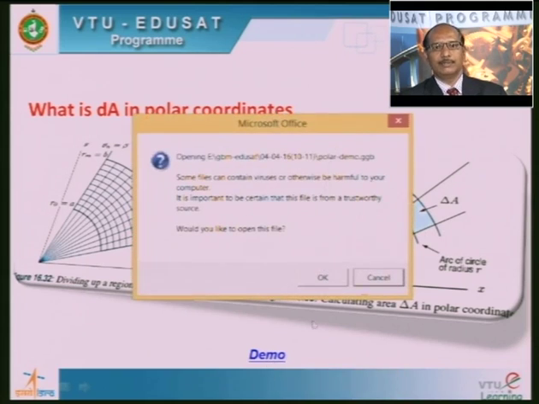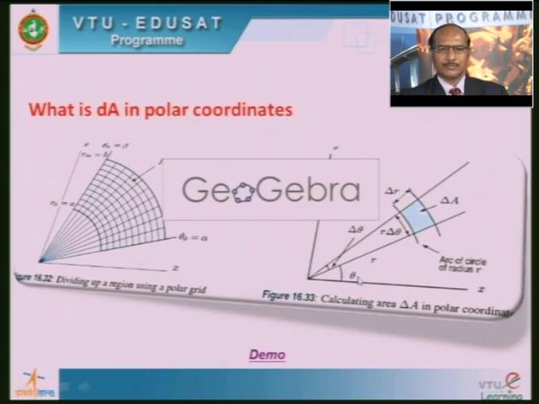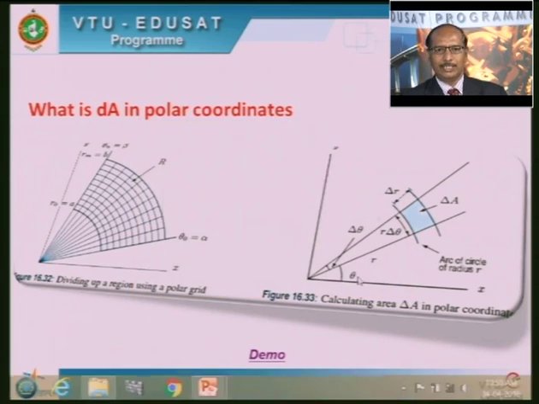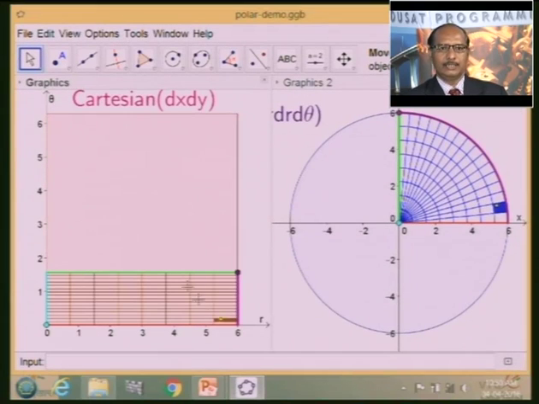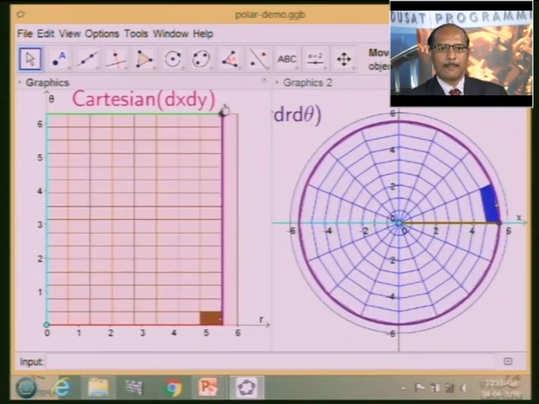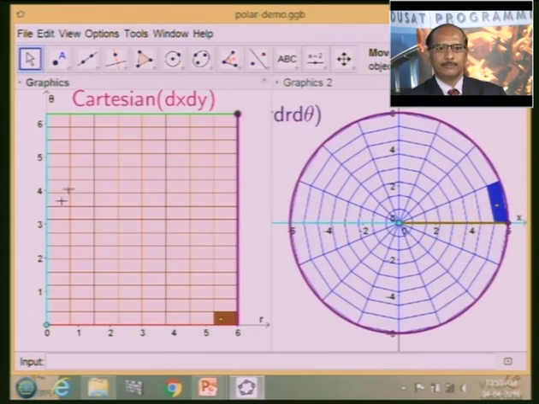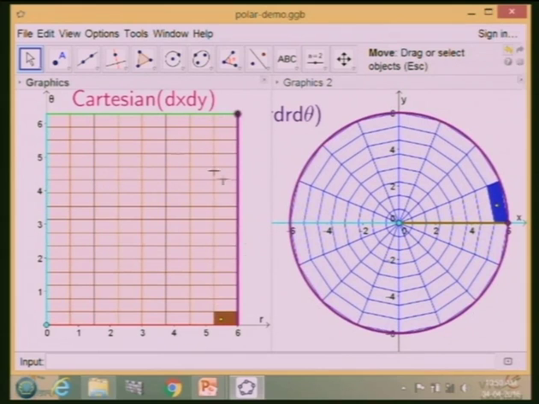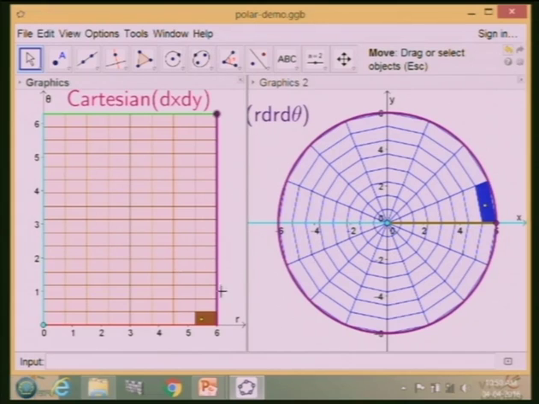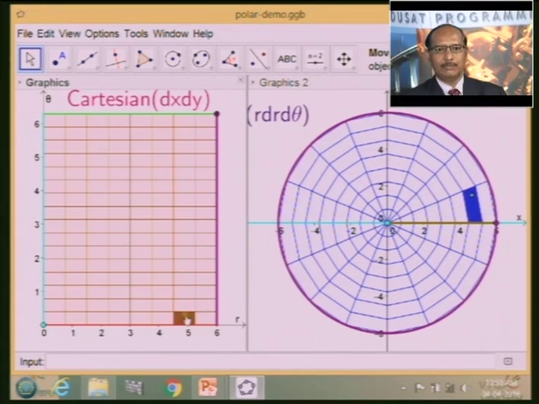You can demonstrate even using the graph how dx dy is changed to r dr d theta. See, this is the rectangular region dx dy. I have covered up to 2 pi here. dx dy in the Cartesian is r dr d theta in polar. So, the element dx dy in the Riemann sum we have seen, this is the small rectangle. We have divided the xy region, the rectangular region, into n number of these.